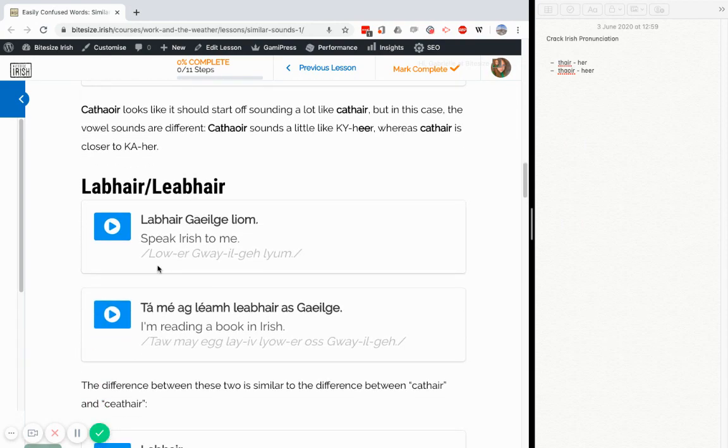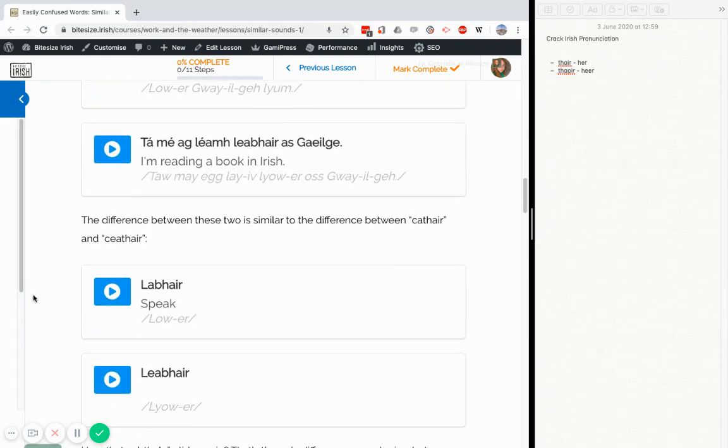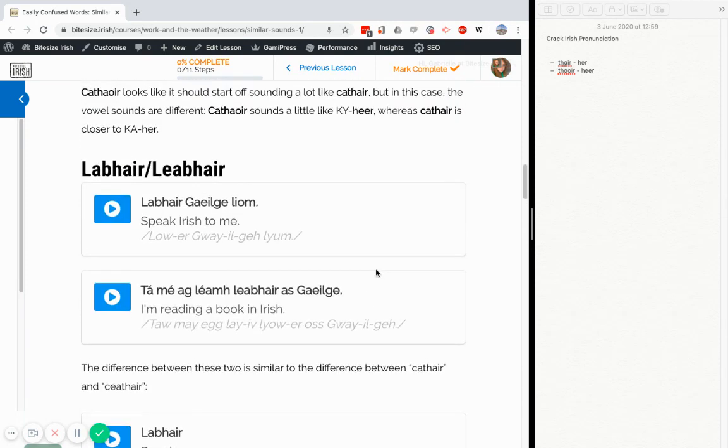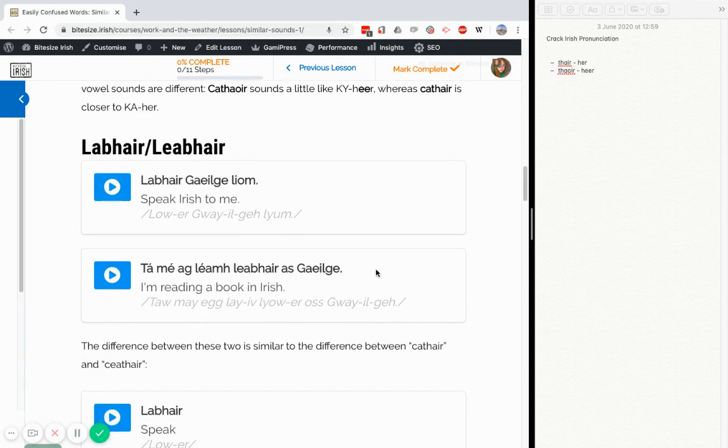Labhair is to speak, and leabhar is a book. Labhair Gaeilge liom: speak Irish to me. And then, tá mé ag léamh leabhar as Gaeilge: I'm reading a book in Irish.